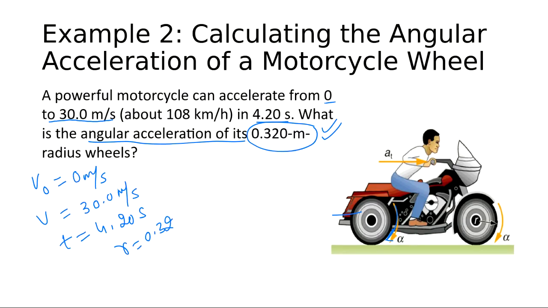And we know that alpha, the angular acceleration, is given by tangential acceleration a over r. So can I find the tangential acceleration? Yes, I can, because I have been given the three quantities.